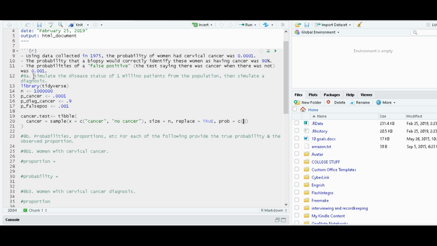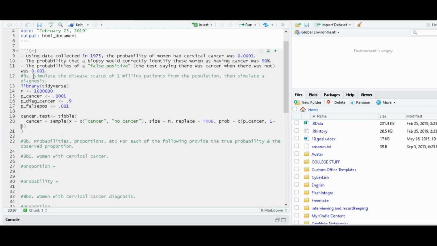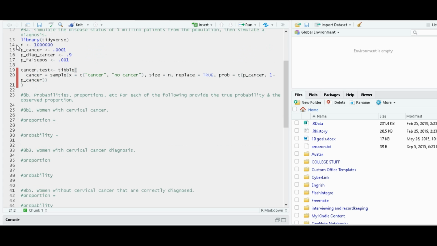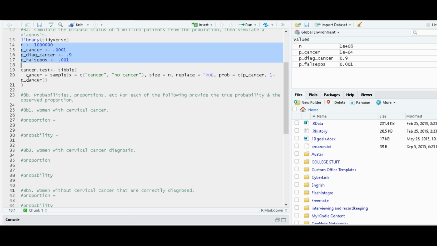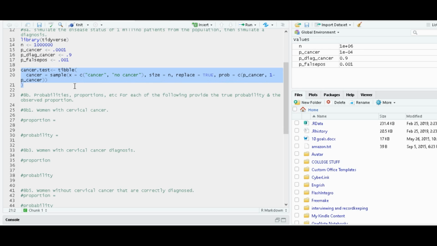So the probability of having cancer is the probability of cancer, and then the probability of not having it is 1 minus that probability. Let's see if that worked. No, it didn't. Oh, hello. I didn't insert any of this into the system. That would have been probably helpful. Wow, look at that. It worked.